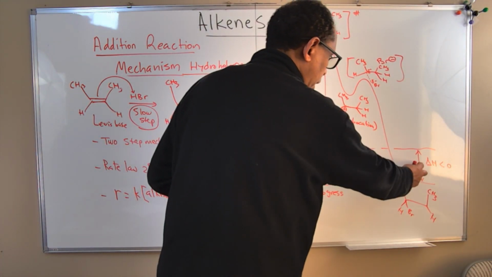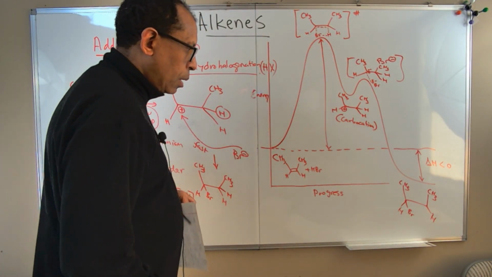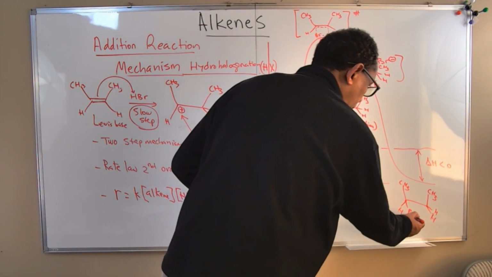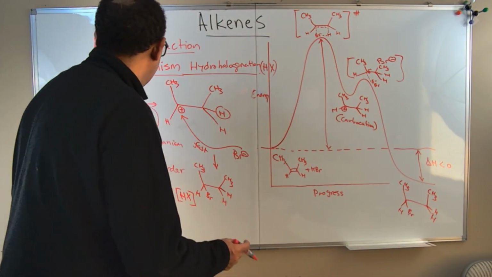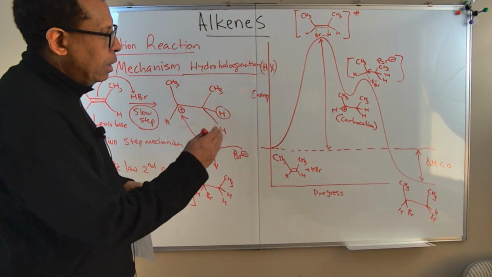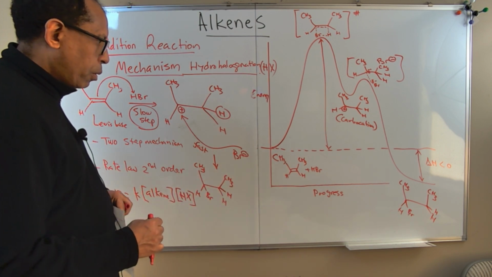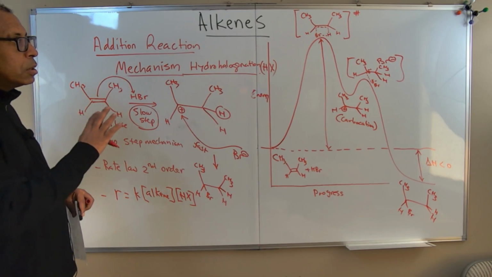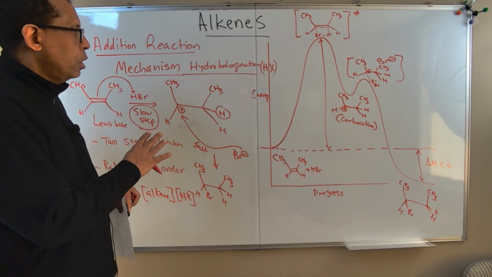So as you see, delta H is less than 0 because two very strong sigma bonds are formed, the C-Br and C-H, and a very weak pi bond is broken. And obviously the H-Br is also broken to give that final product.